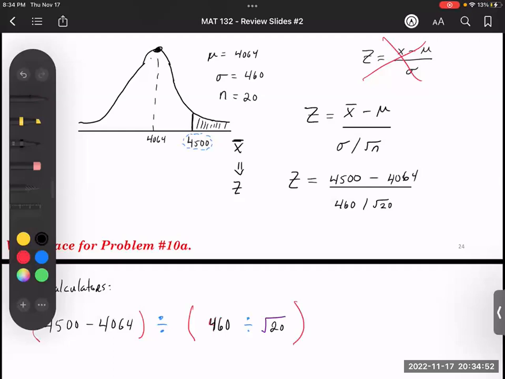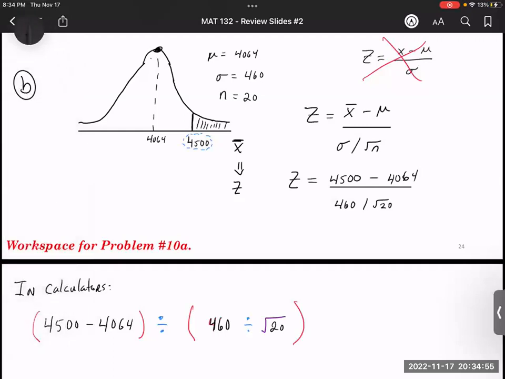Basically, what I'm showing you is that you put the numerator inside a set of parentheses, put the denominator inside a set of parentheses, and you separate it with division. Okay. So if you type this out, please make sure that you round z to 2 decimal places. So it's 4.238, rounded is 4.24.